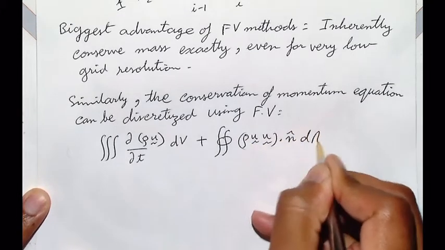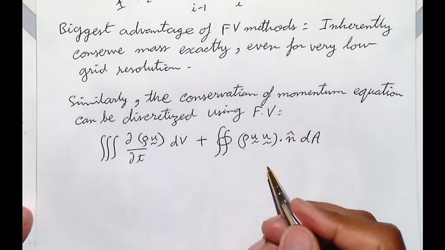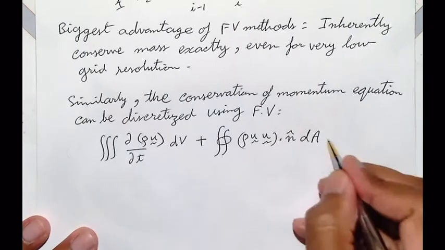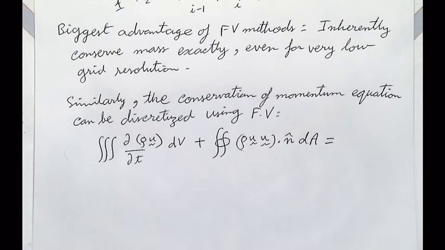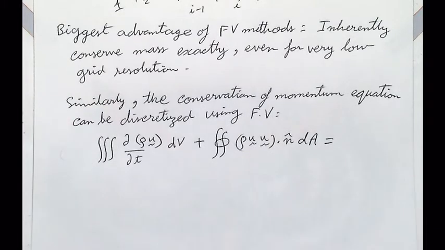This is the flux of momentum across the cell face, equal to 0? If there is no source, then it will be 0. If you're in vacuum in space, fine, we can set this to 0. But if anything is happening on the planet, we cannot set this to 0.